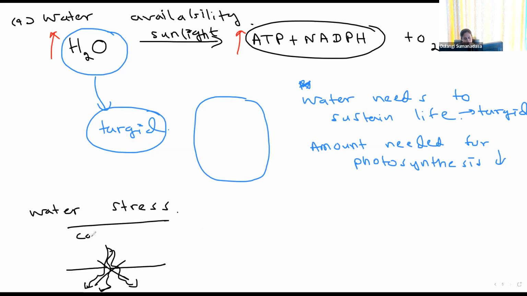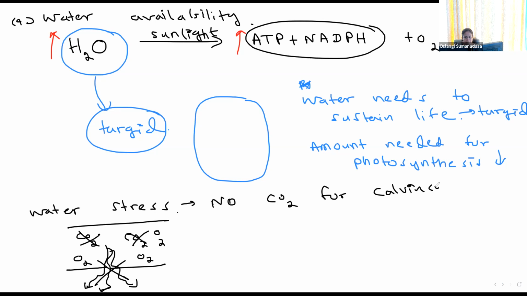Then we have a problem, because inside the plant leaf they're going to use all the carbon dioxide, and the plant won't have enough carbon dioxide for the Calvin cycle. So a C3 plant will shift to photorespiration. No carbon dioxide means less glucose production. So there is an indirect main effect with water availability.